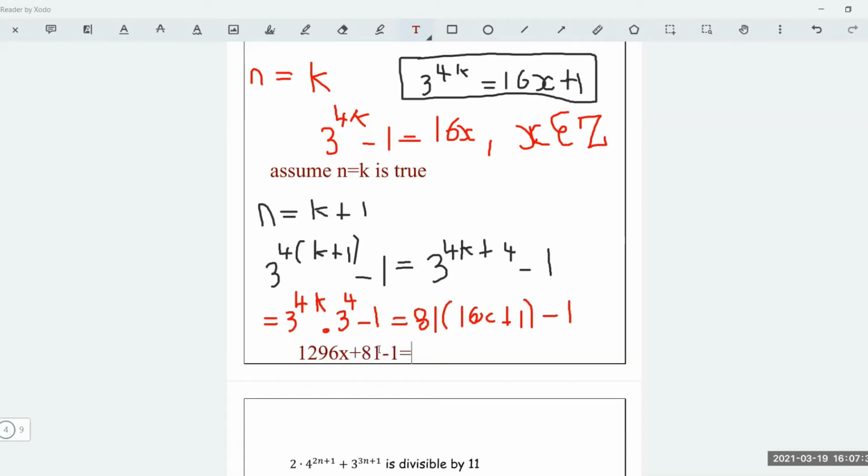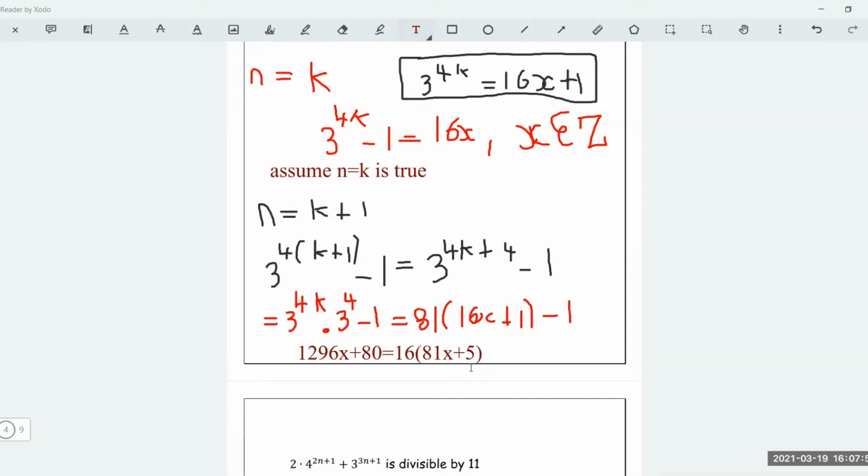That works out to be 80. And so now we just factor out 16, since we're trying to show it's divisible by 16. What we get is 81x plus 5.